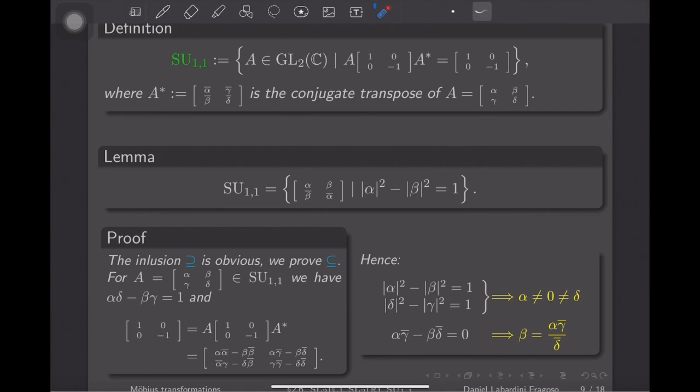The inclusion that is really more interesting, or more challenging, is the other one. So take any matrix in GL2C satisfying this.